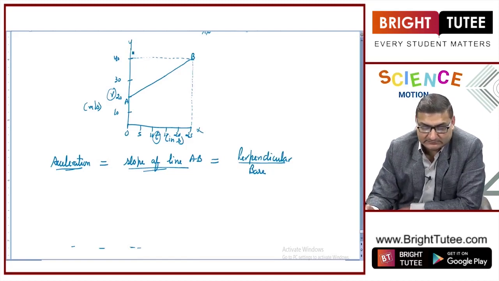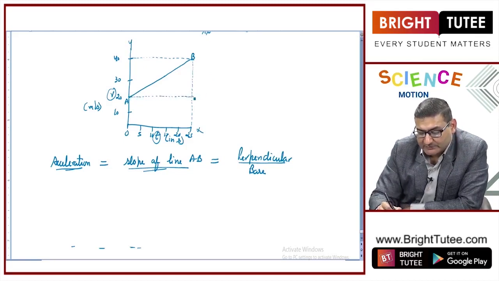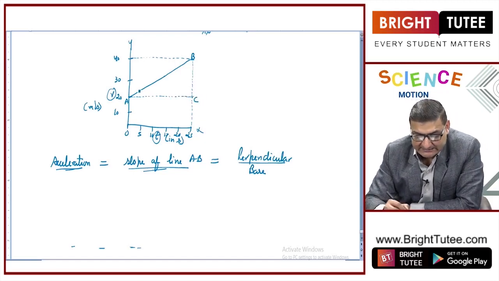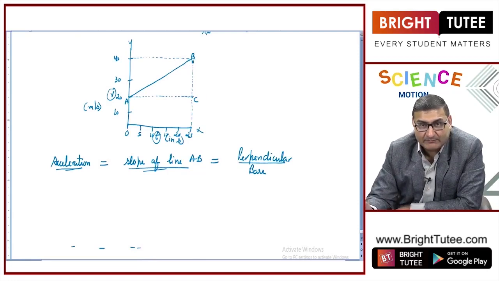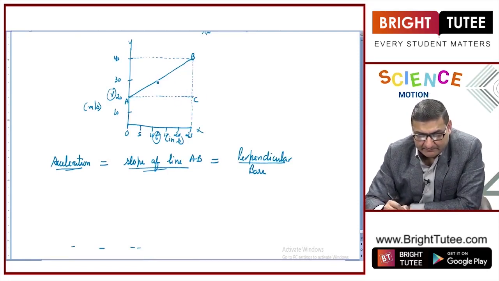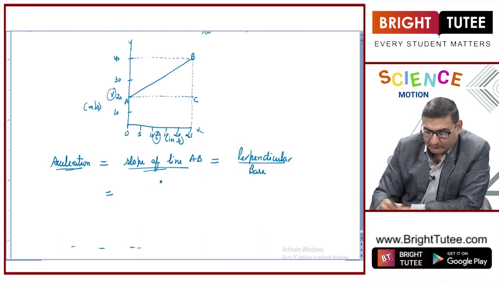In order to find the base, I will also draw one perpendicular from here, parallel to the x axis, which meets this dotted line at point C. Now, I can see a triangle getting formed, triangle ABC, in which AB is the hypotenuse, right. I am not talking about the Pythagoras theorem here, please do not get confused. This is a simple right angle triangle in which AB is the hypotenuse, BC is the perpendicular, AC will be the base, right.